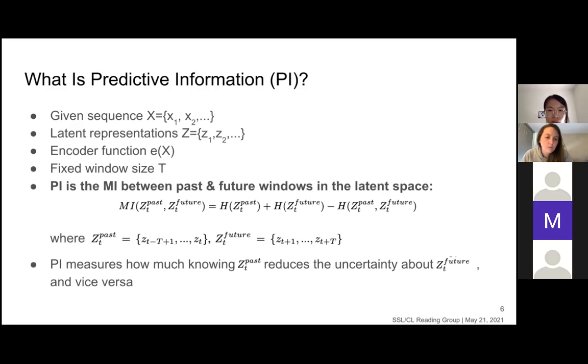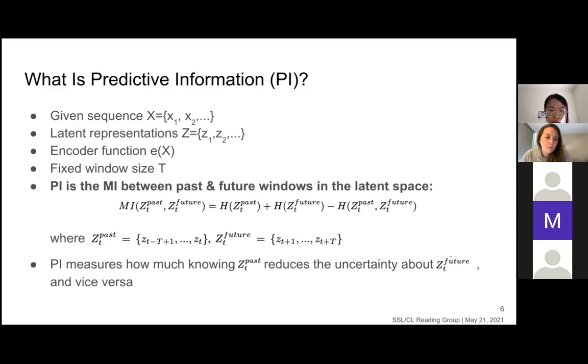So you can write out PI in this format, where G_T past is the latent representation of the past window, and G_T future is the latent representation of the next T windows.